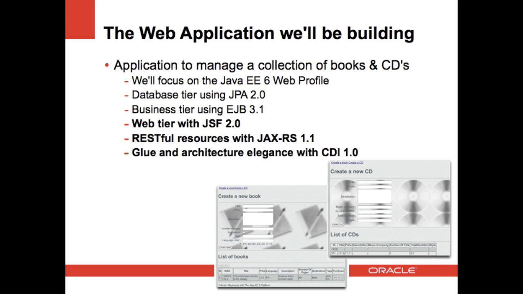And as we'll see, you can actually make those EJBs as well, and as such, make them transactional RESTful resources. And finally, there's the glue and architectural elegance, as I call it, with CDI, which is context and dependency injection, which has a lot to it. We'll only scratch the surface here, but I hope you find this interesting in this application.